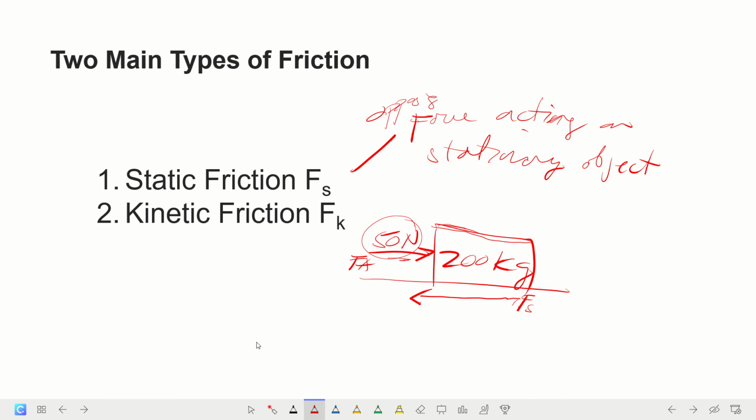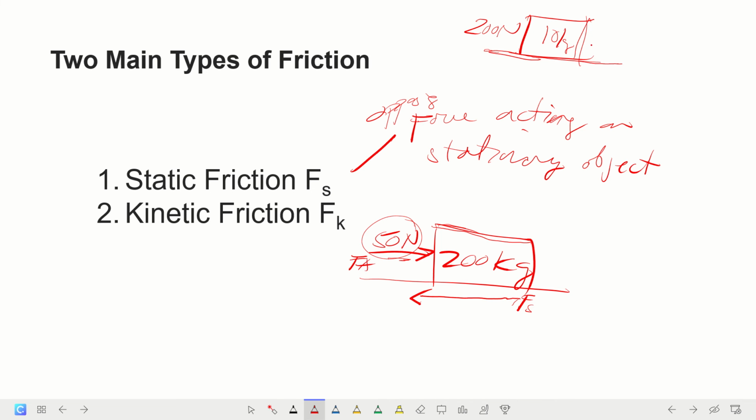However, if the object starts moving, for example, we have a box here which is 10 kilograms, and we apply, for example, 200 newton of force. So 200 newton is big enough to move this object.